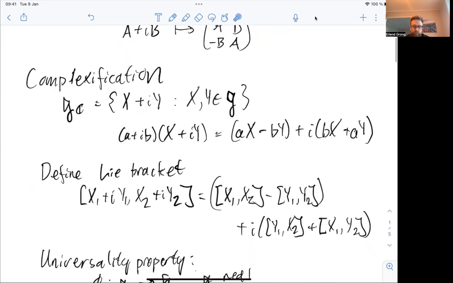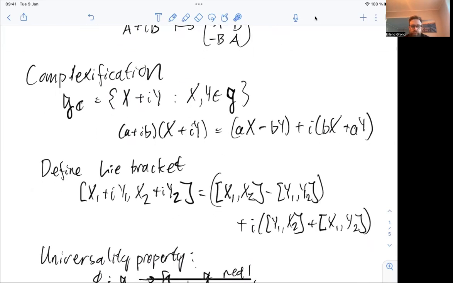So if I have a real Lie algebra g, then I can formally define its complexification as taking x and then formally x plus i y, where both of these are elements in g, and then I can extend multiplication by complex scalars in the following way, and I can define a Lie bracket in this way to make sure that it's linear with respect to complex scalars.